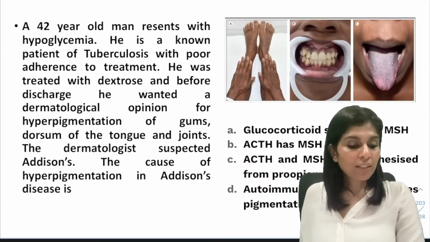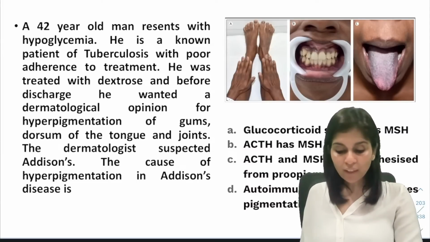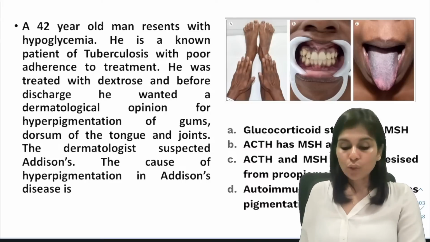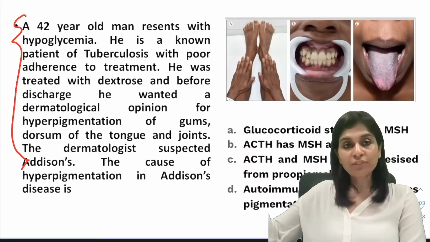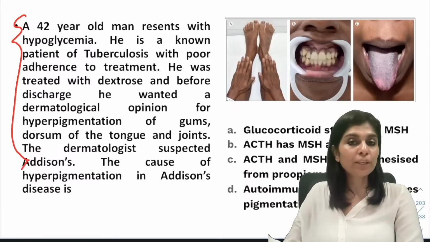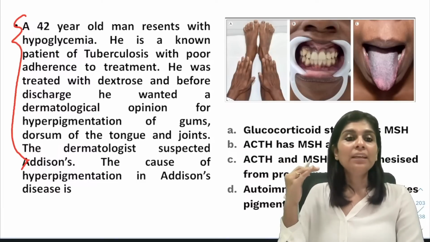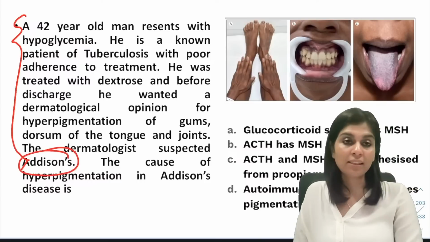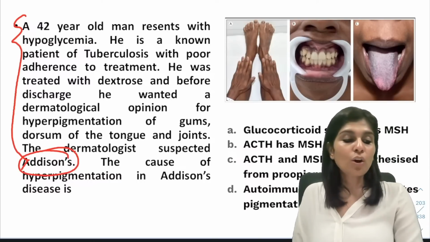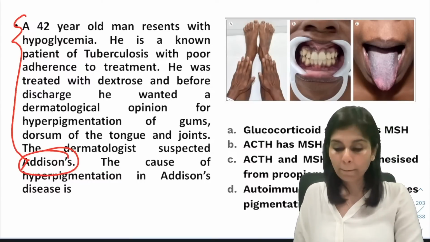The dermatologist suspected Addison's. So you're not expected to make a diagnosis. They have given you elaborately all the features: hypoglycemia, known patient of tuberculosis, and then there is hyperpigmentation. But they've given you the diagnosis also, it is Addison's. But the question is, what is the cause of hyperpigmentation?